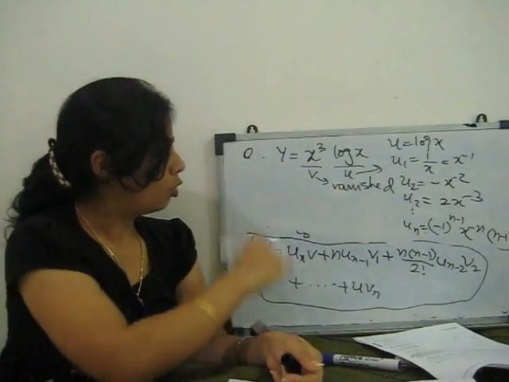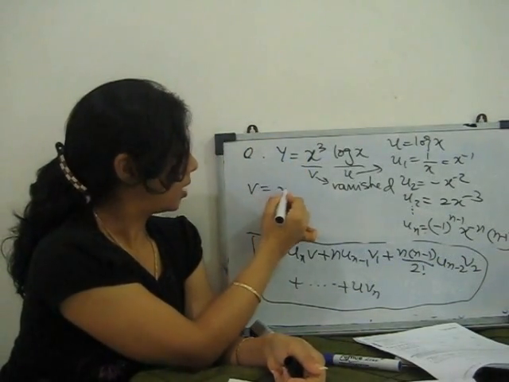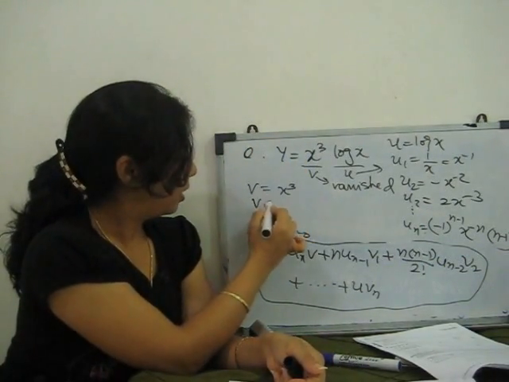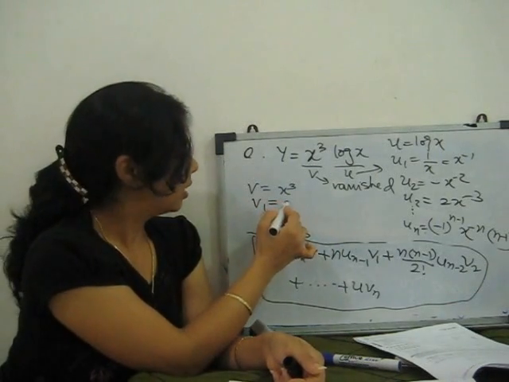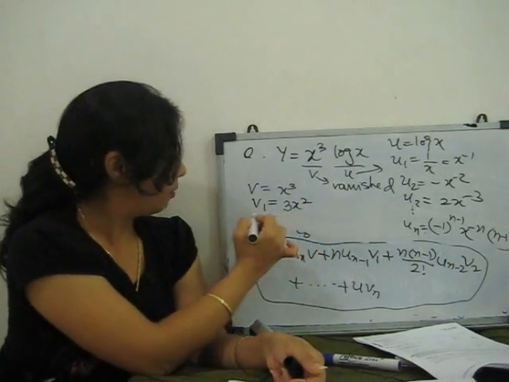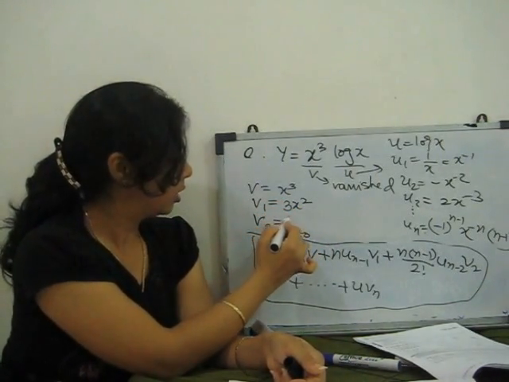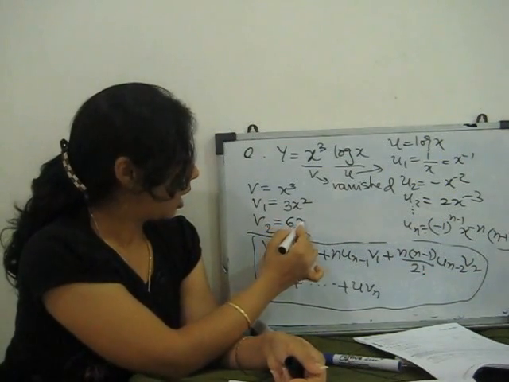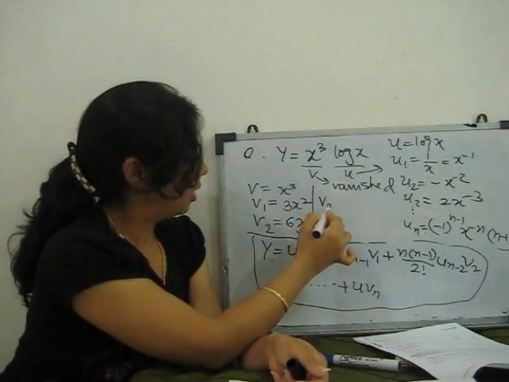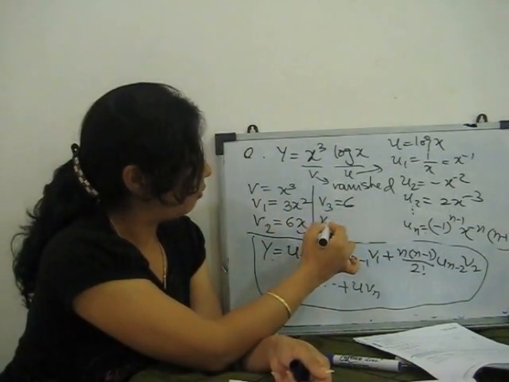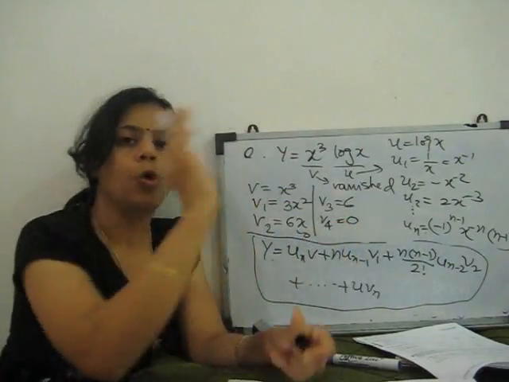Similarly, we find v is x cube, then v1 is 3x square, v2 is 3 into 2, 6x, v3 is 6, and from v4 it goes 0.